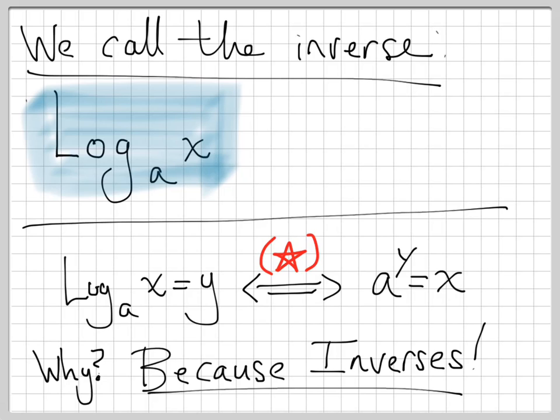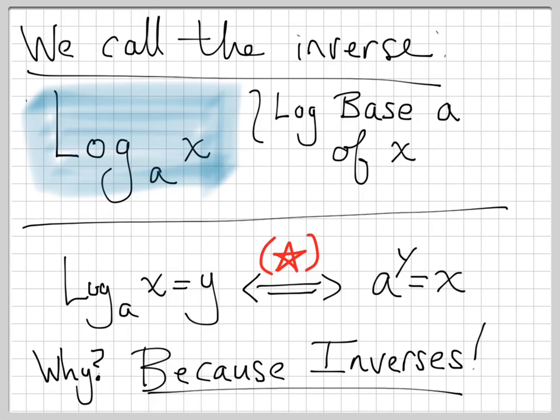We call the inverse log base a of x. That's how you read this. The a refers to the base, and it's directly related to the a in a to the x. So I have starred this double-sided arrow: log base a of x is y if and only if a to the y is x.